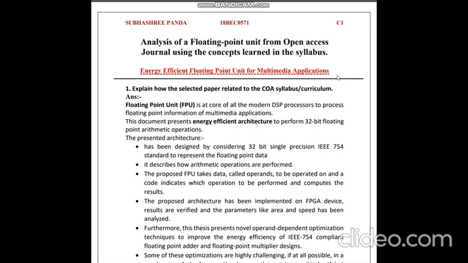The proposed FPU takes the data, called operands, to be operated on and a code that indicates which operation to be performed, and computes the results. The proposed architecture has been implemented on the FPGA device. The results are verified and the parameters like area and speed have been analyzed.